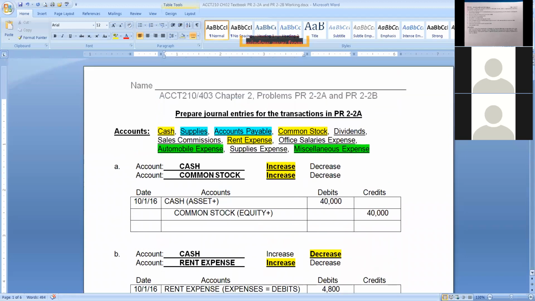So here's the super, super tricky part. What accounts are we going to use? And I'll tell you what it's not. There's not going to be any cash in this. We used the supplies up. We didn't write a check for anything. So it's not going to be cash. So what two accounts are we going to use?